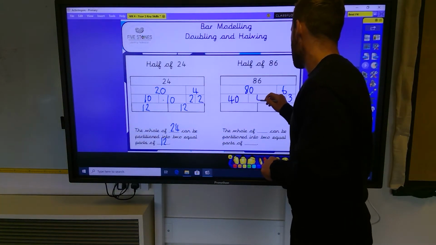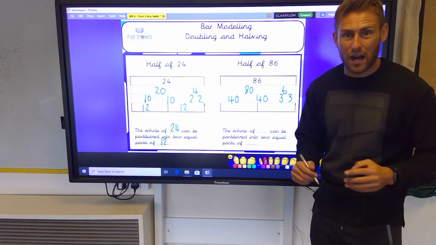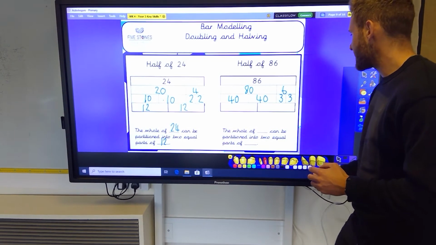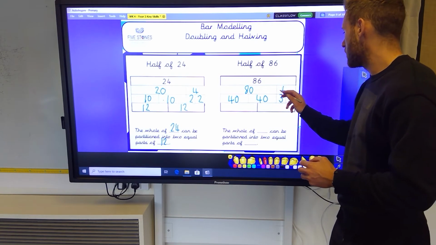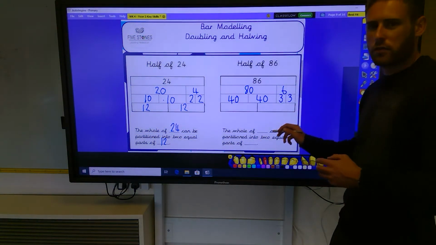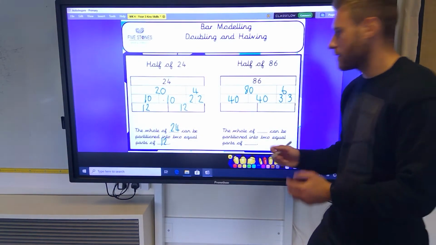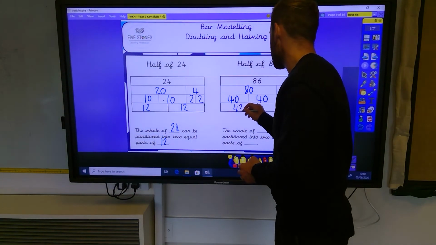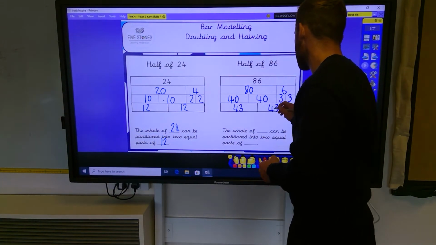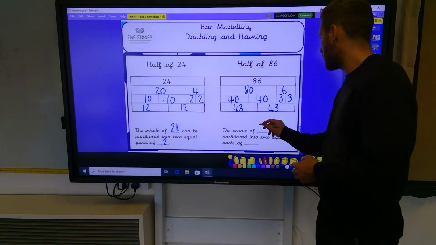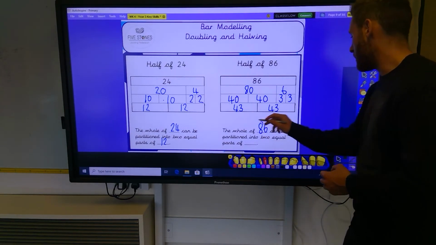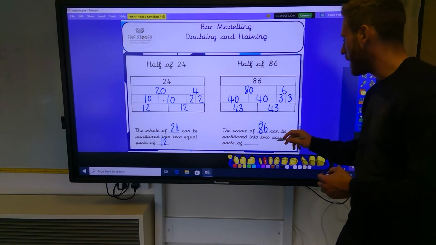So if we half them, we're going to have 40 in each part. Great, now we've got a part of 40 and a part of 3. 40 and 3 is, brilliant, 43. So the whole of 86 can be partitioned into two equal parts of 43.